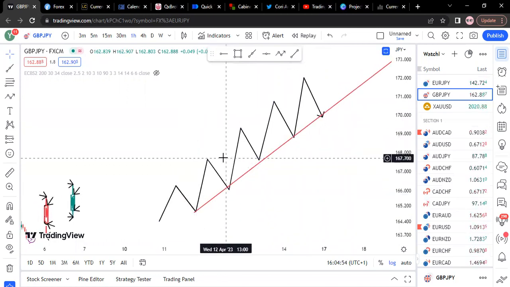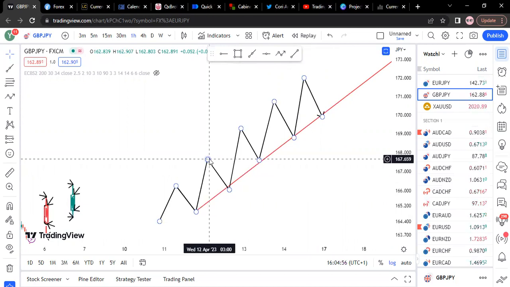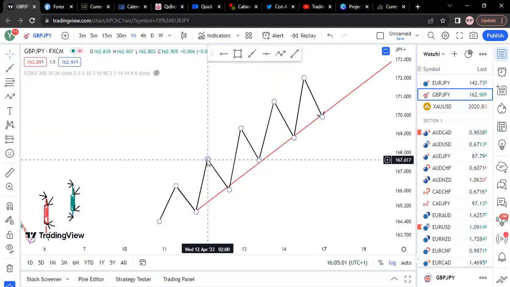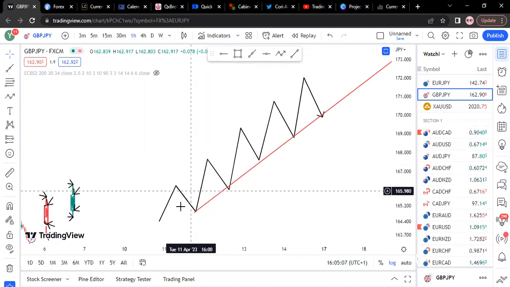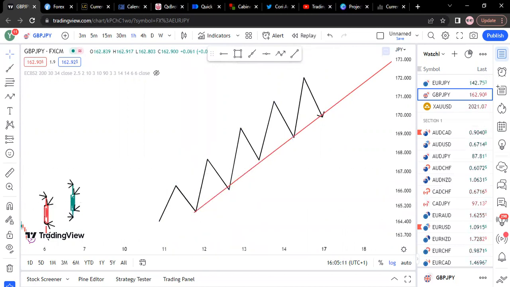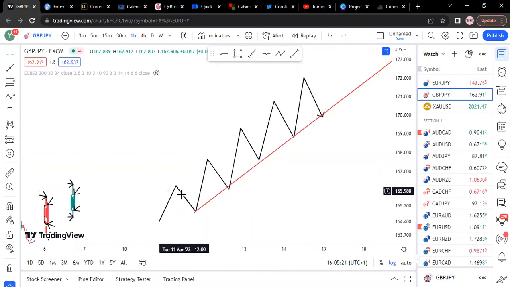And every new high of the market is always above the previous high, right? This is the new high. This is a previous high.